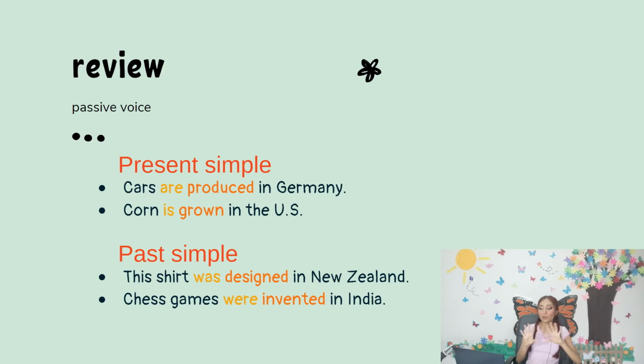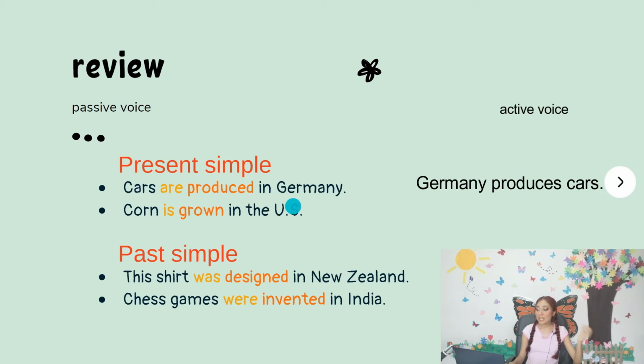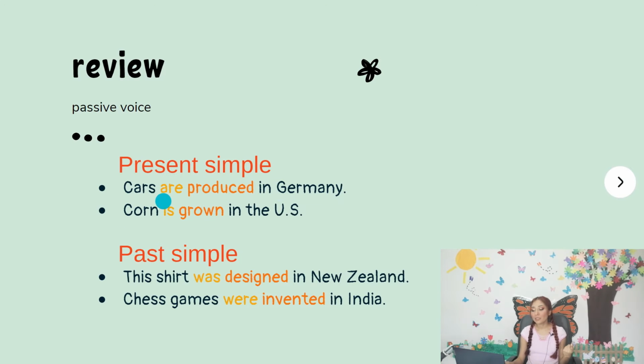In present simple active voice, it will be Germany produces cars, okay? That's present simple, una oración normal, in active voice. But in passive voice, we will need to change that order, and we need to write cars are produced in Germany. Remember that we need to start with the product, and then the verb to be.